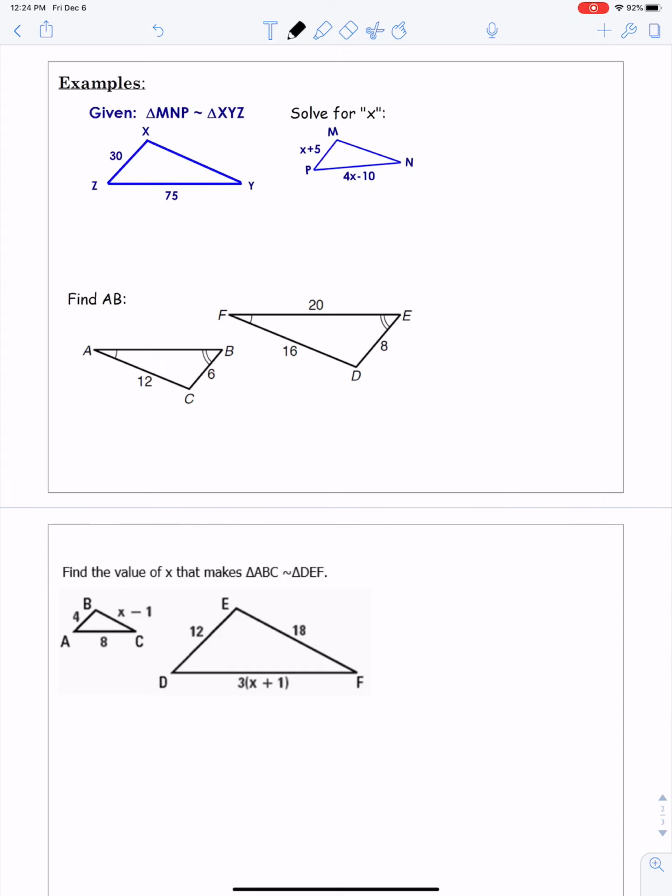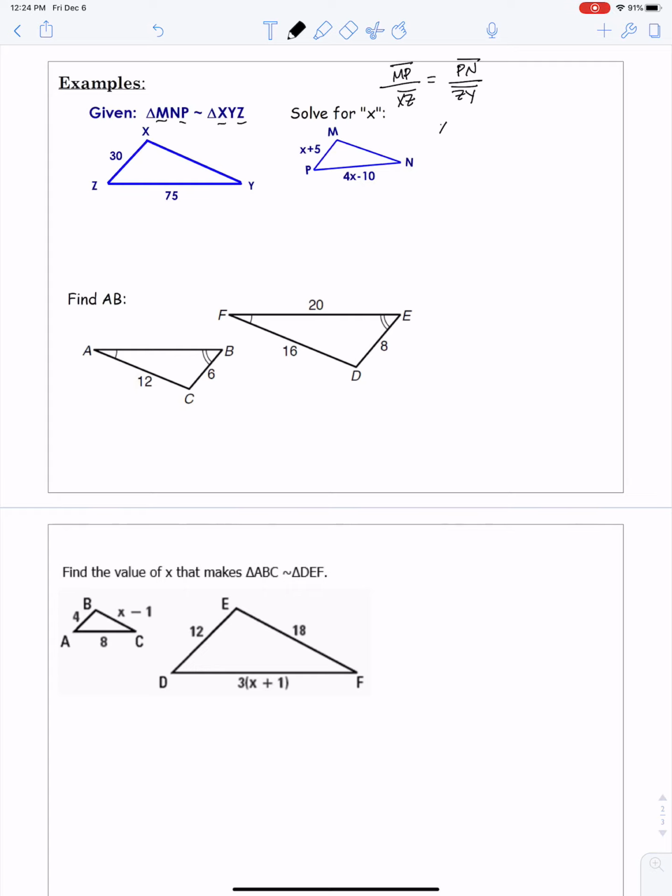So I know that MP corresponds to XZ, given to me in my similarity statement. And I know that PN corresponds to ZY. So now all I have to do is plug in the information that I have from my triangle into that proportion.